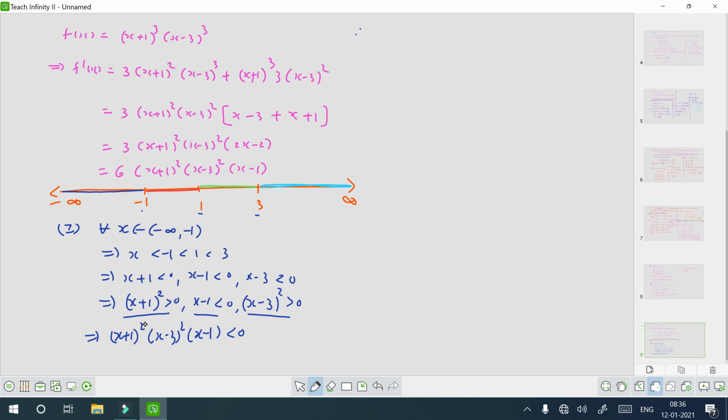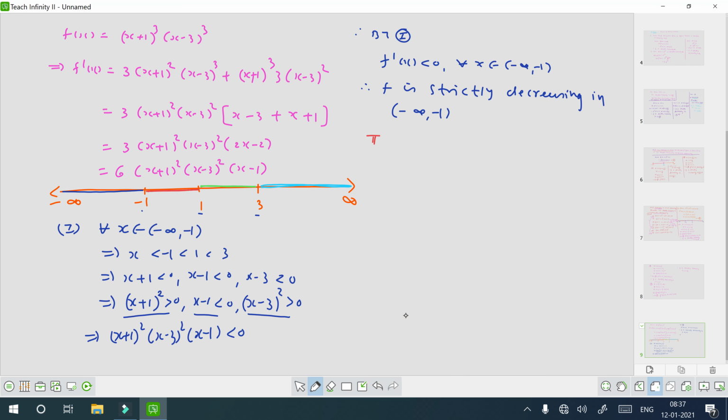And therefore by 1, f dash x is less than 0 for all x belongs to minus infinity to minus 1. And therefore f is strictly decreasing in minus infinity to minus 1.